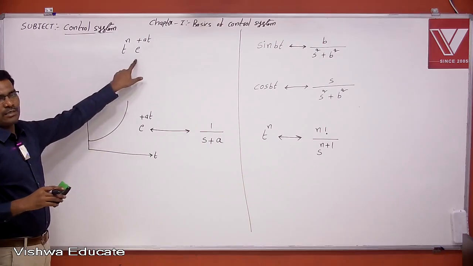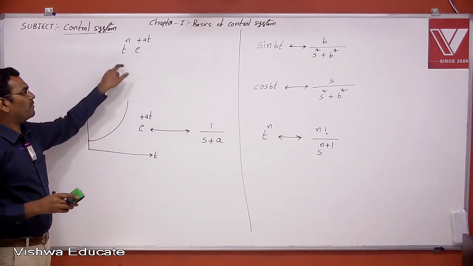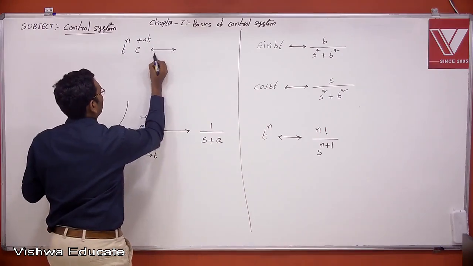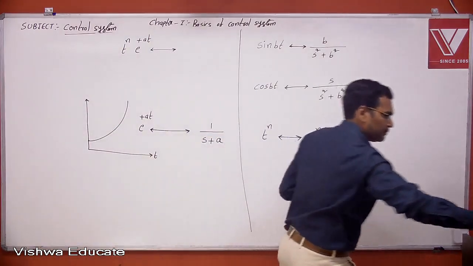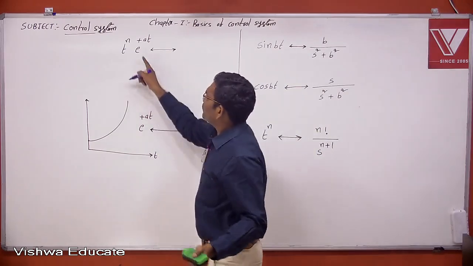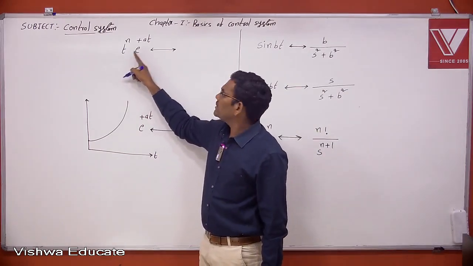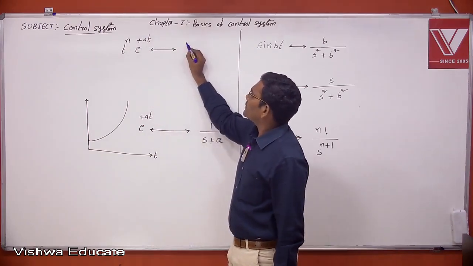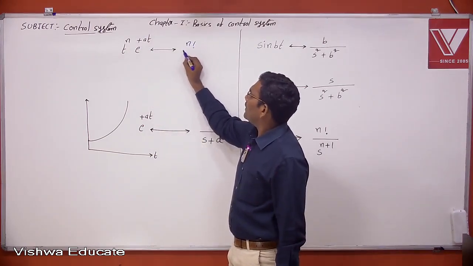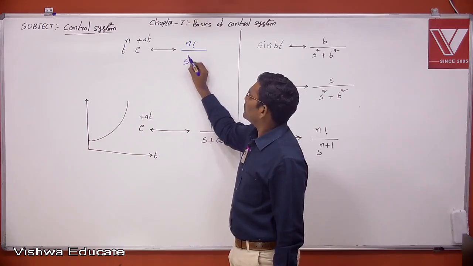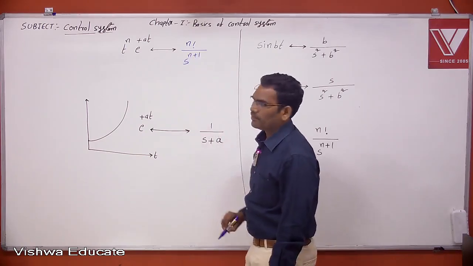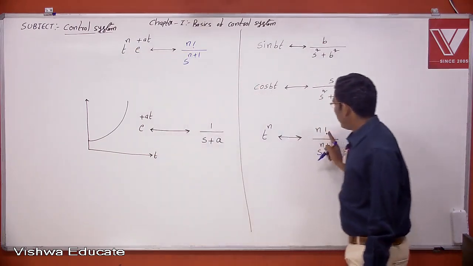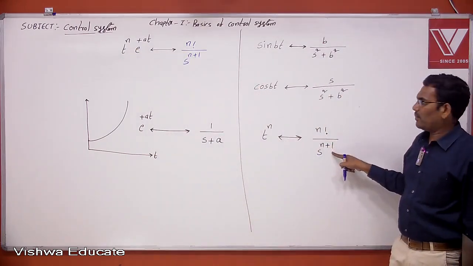Any exponential term multiplied with any signal, we just forget about the exponential term. The Laplace transformation of t power n is n factorial by s power n plus 1.